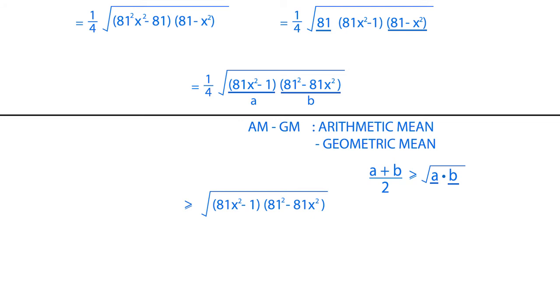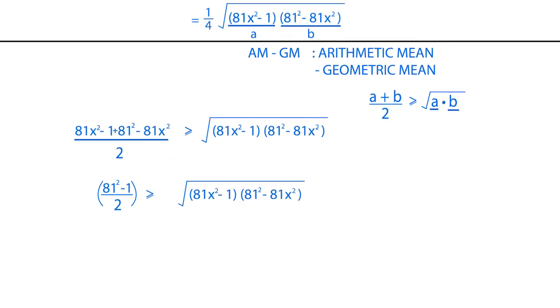So it would be (81x squared minus 1 plus 81 squared minus 81x squared) over 2. When you do that, you notice that the 81x squareds cancel, and we are just left with (81 squared minus 1) over 2, which is greater than this part of the inequality.